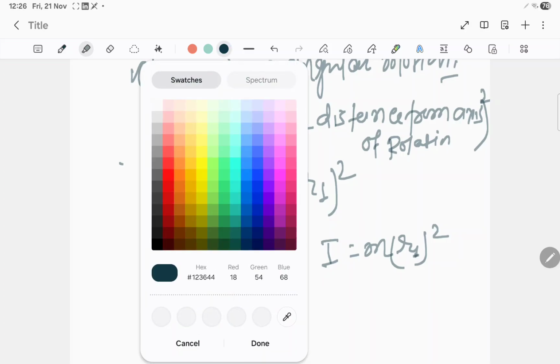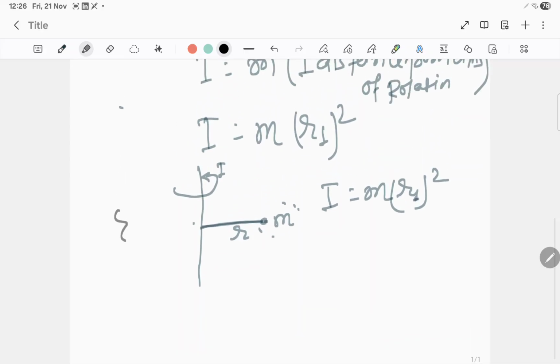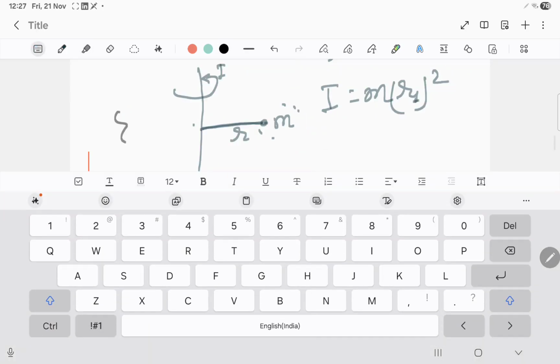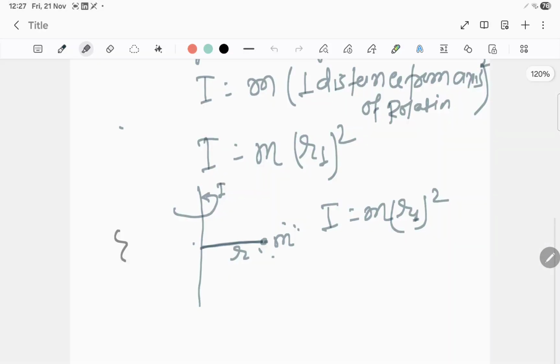Now let us proceed. So this is the moment of inertia, and it depends on some factors. I will discuss each of these factors. The moment of inertia depends on mass distribution, axis of rotation, and perpendicular distance from the axis of rotation.